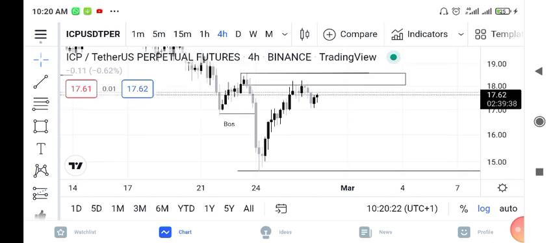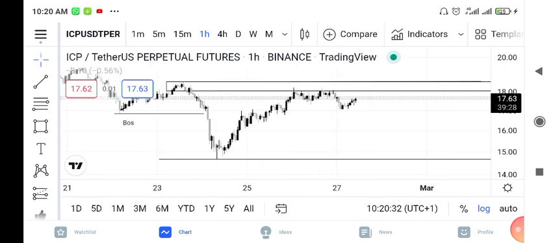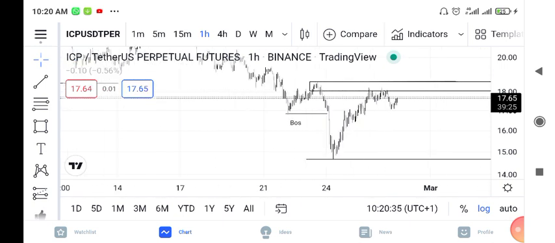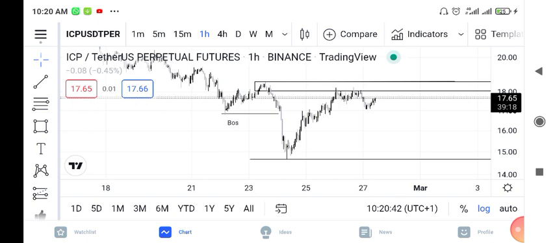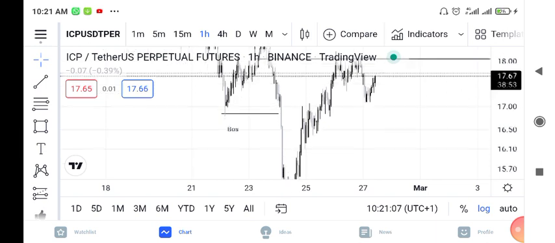So what do we do with this information? We're going to wait for price to break bullish, to break out of this range, or otherwise we can look to go short at that access point, at this point where we're interested, when we see a confirmation.